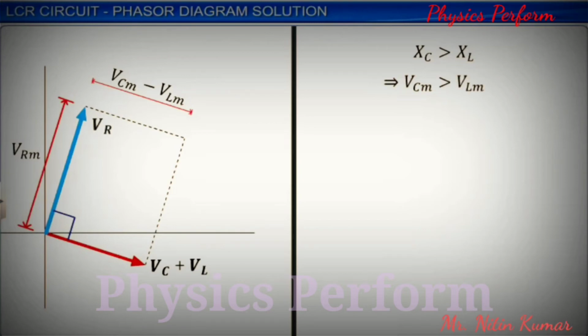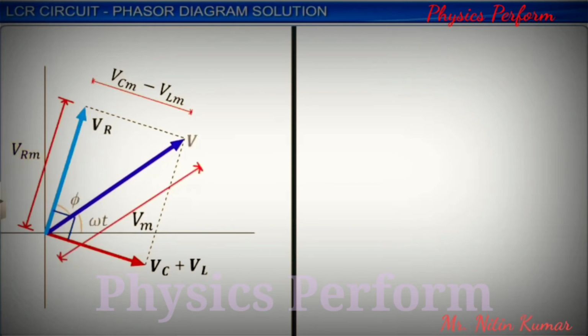The phasor with the magnitude VCm minus VLm is at right angles to the phasor with the magnitude VRm. The amplitude of applied AC voltage, Vm, can be calculated by using the Pythagorean theorem on the simplified phasor diagram.